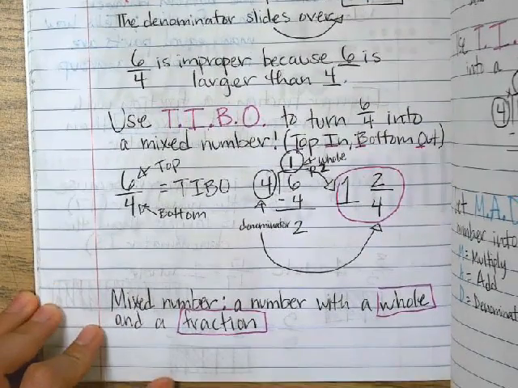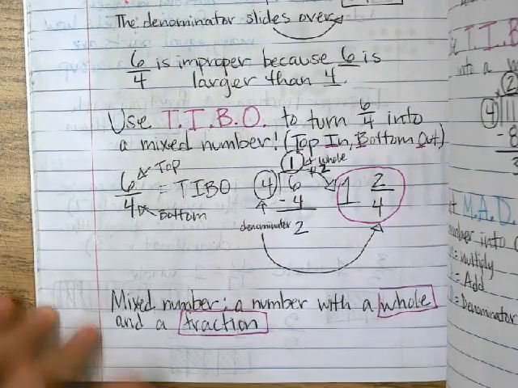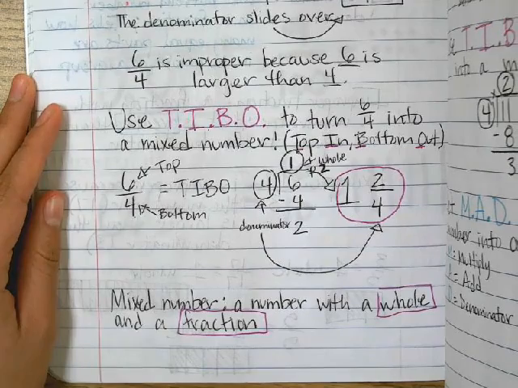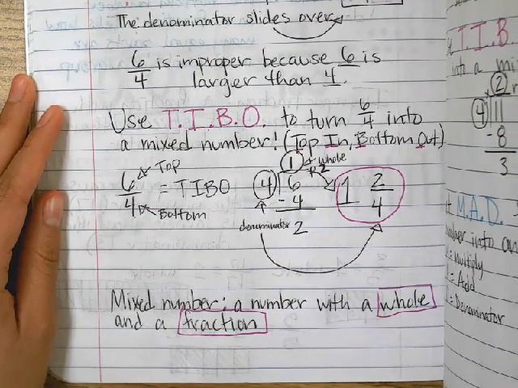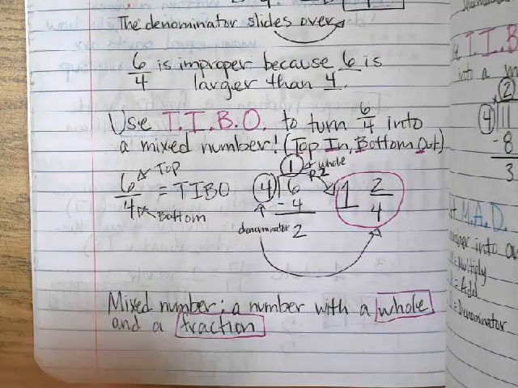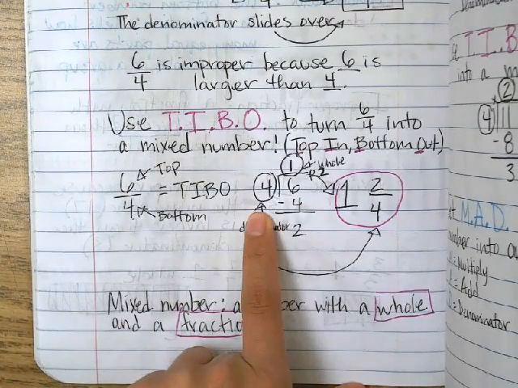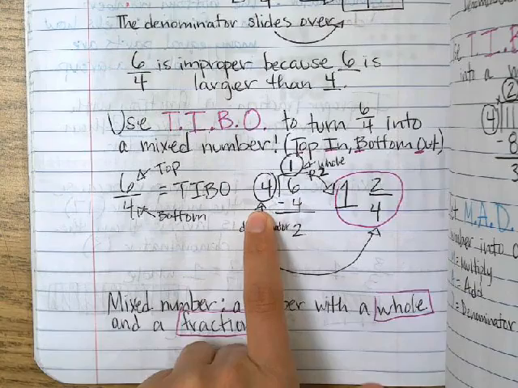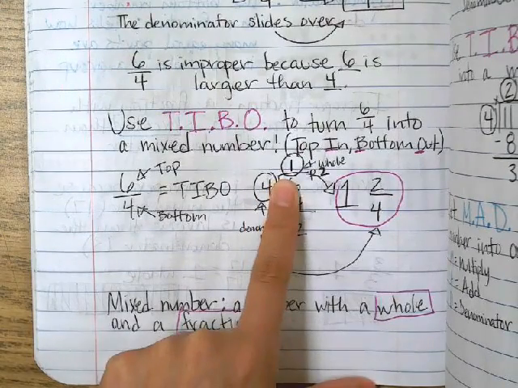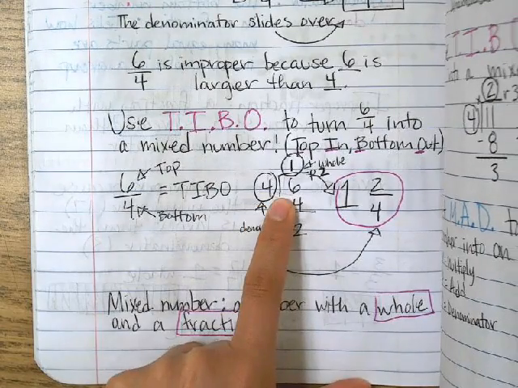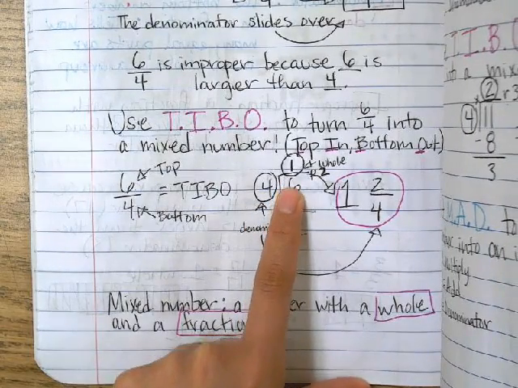In order to convert this into a mixed number, we use TIBO, top in, bottom out. It's basically division. You bring the top in, so 6 divided by 4, and then the whole number is brought to the top. How many times can 4 visit 6? Only once, because 4 times 1 is 4.